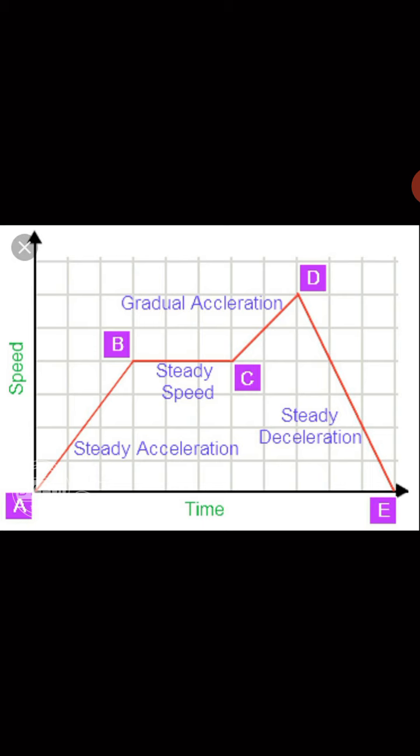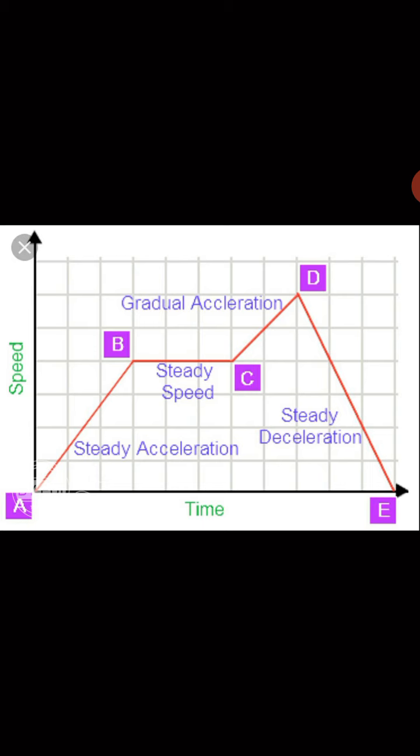In this graph, again, what type of graph is it? Speed is on y-axis, time is on x-axis. So again, it's a speed time graph. Here, AB denotes steady acceleration, or you can also say it is constant acceleration, because the line is going upwards.